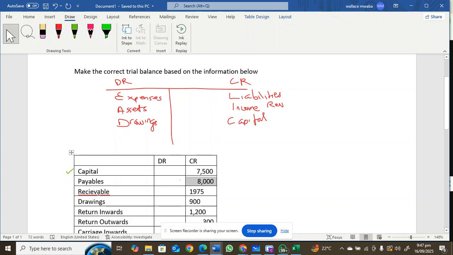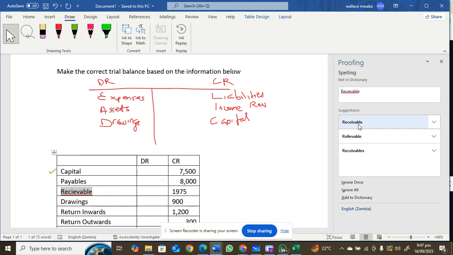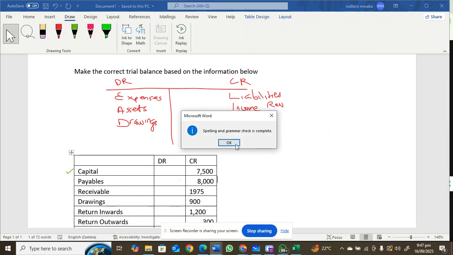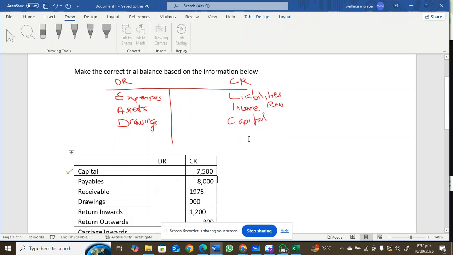Yes. Next, we have receivables. What type of account are receivables? Are they an expense? Are they an asset? Are they liabilities? Are they drawings?